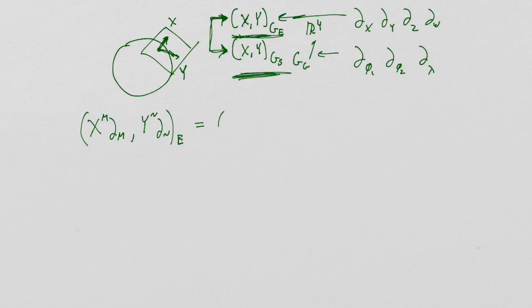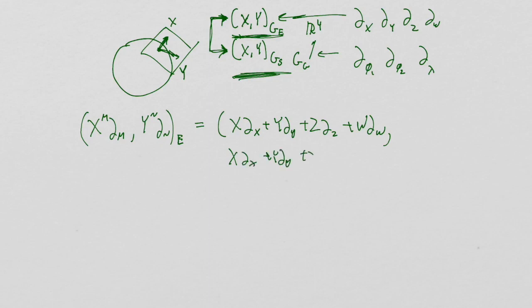If I broke it down, it would be x partial x plus y partial y plus z partial z plus w partial w, inner product with x partial x plus y partial y plus z partial z plus w partial w.